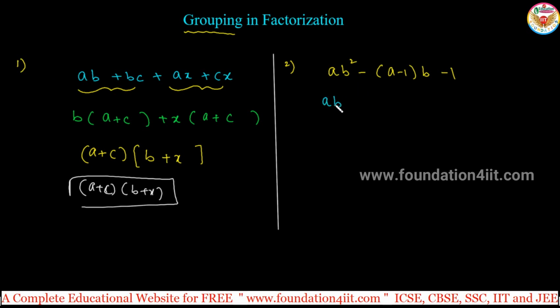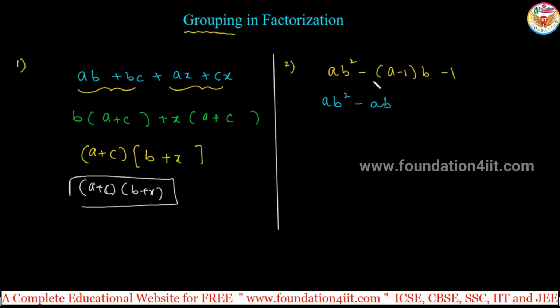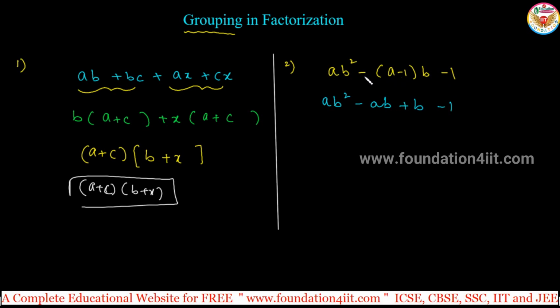Now ab square minus a into b, you can multiply using the distributive property. Minus a into b is minus ab. Again minus into minus is plus, 1 into b is plus b. Then minus 1 times b, multiply both the terms including the minus.